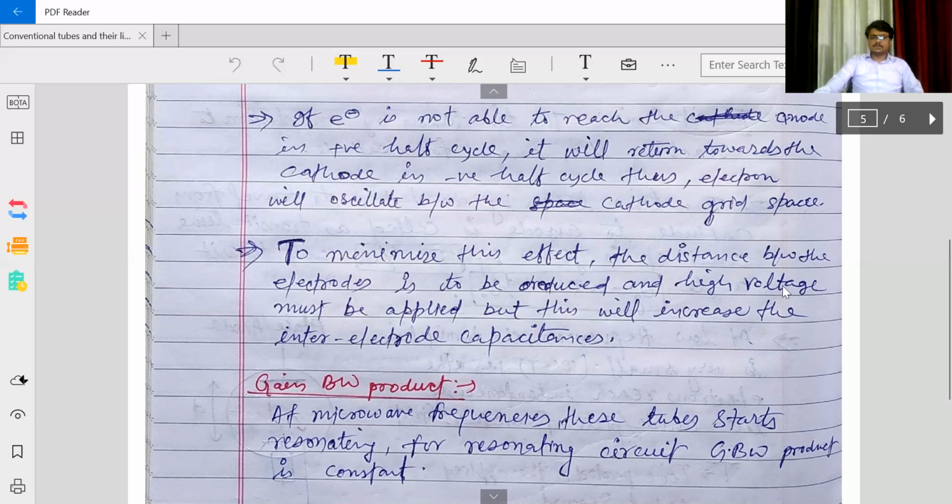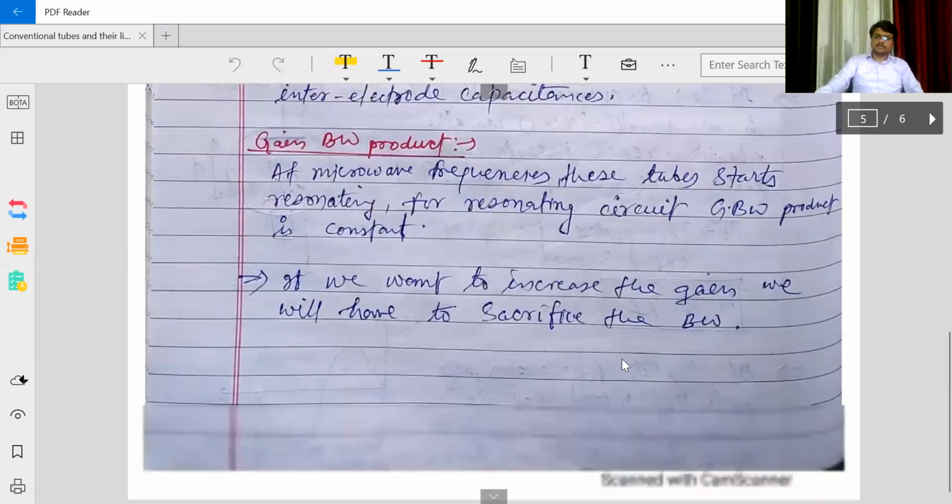But this will increase the inter-electrode capacitance. If the electrode separation is decreased, the inter-electrode capacitance will increase. That is not desired.